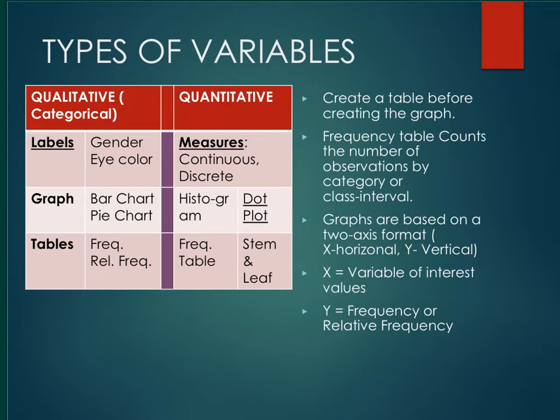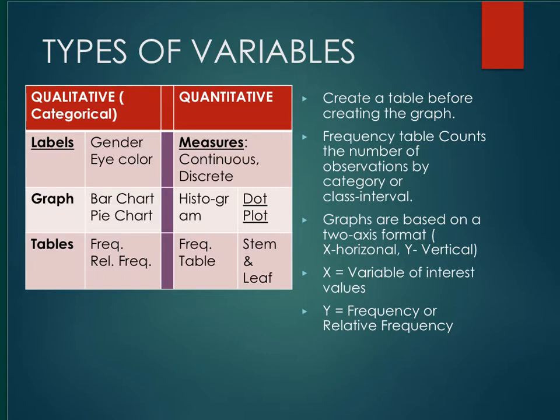In this chapter, we are going to look at two types of variables. One is qualitative and the other is quantitative. Some books present qualitative data as categorical. We will stay with qualitative for this particular text that we're working with. For example, the labels that we may be interested in for qualitative variables may be gender or eye color.